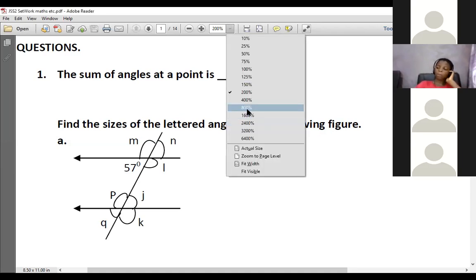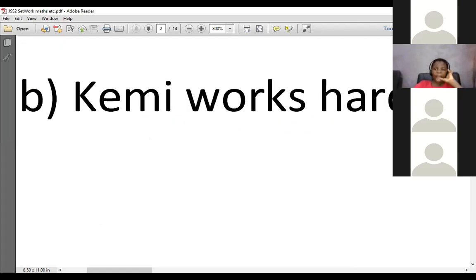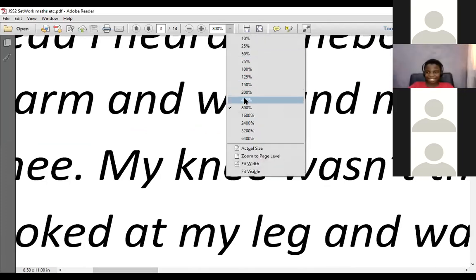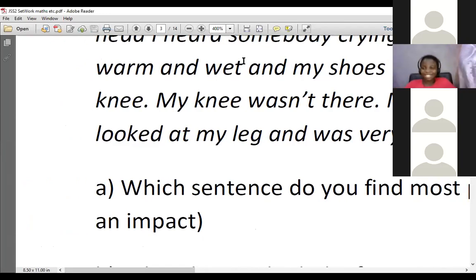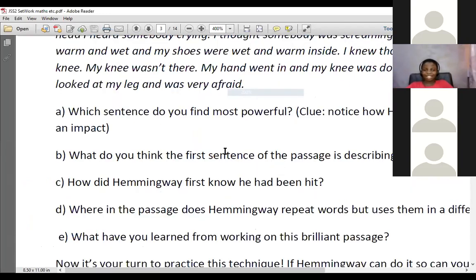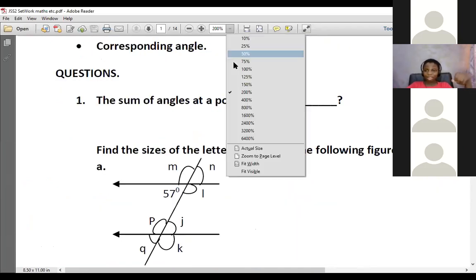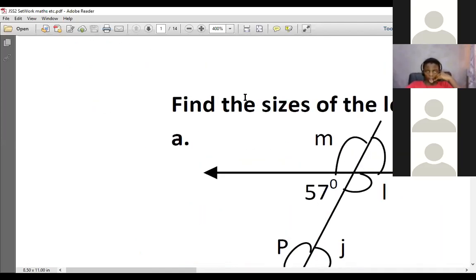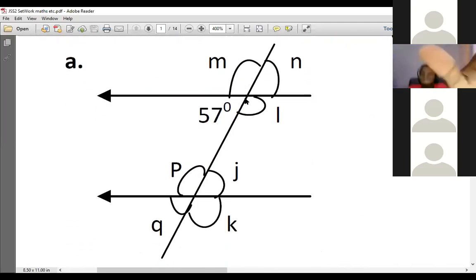Let me zoom. Okay. Let me put it down. So we have a few seconds to go.